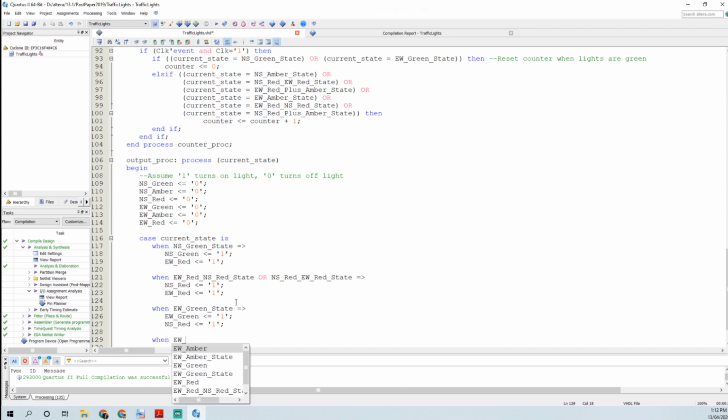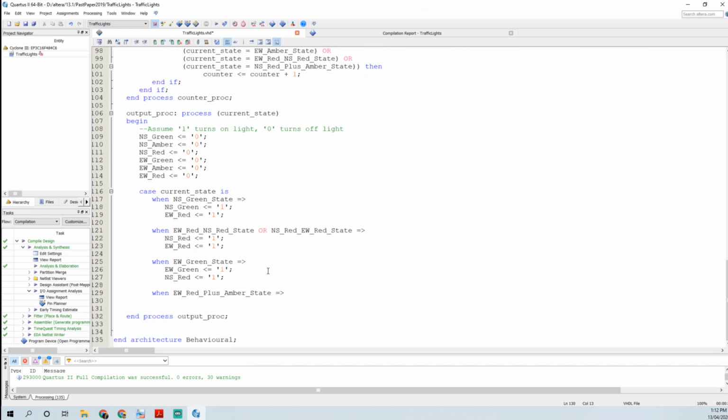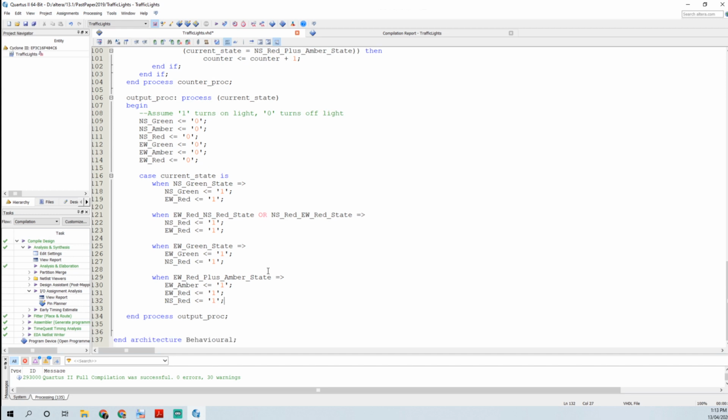When I'm in the east-west red plus amber, well, that's when my east-west amber is going to be high, my east-west red is going to be high. But while those are red plus amber, the north-south lights are still red. We always have to make sure that we take care of the logic of the other set of lights.